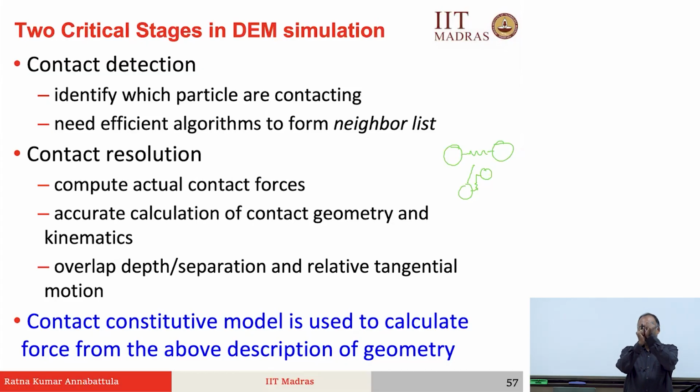When they are sliding past each other, there are two things. One is they have a tangential spring, and there is also friction. So your tangential force cannot be unbounded, because it is limited by the frictional force. Once you are able to overcome the frictional force, then you need to see what tangential interaction is taking place between the particles.